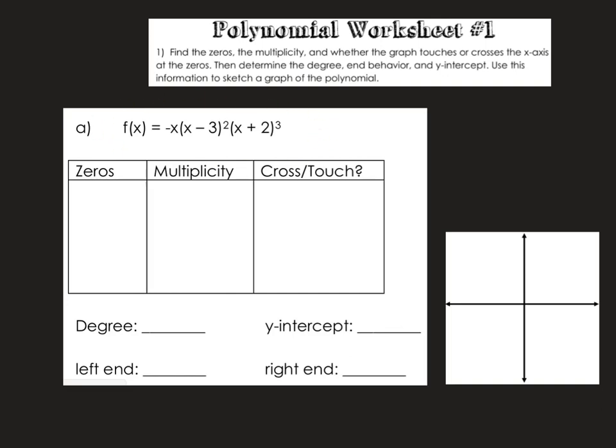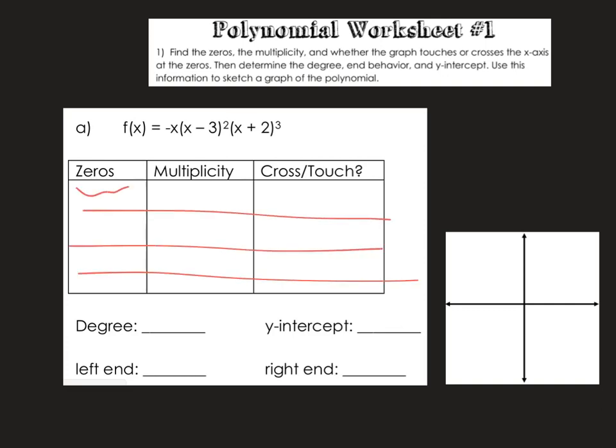This is in factored form, so we can discuss our zeros, and maybe you want to build a little table so that you can keep what the zero was, what its multiplicity was, and does it cross or touch or bounce, yada yada. Does it flex? What's the degree? At the left end, is it going down or is it going up? At the right end, is it going down? Is it going up? And then a sketch.